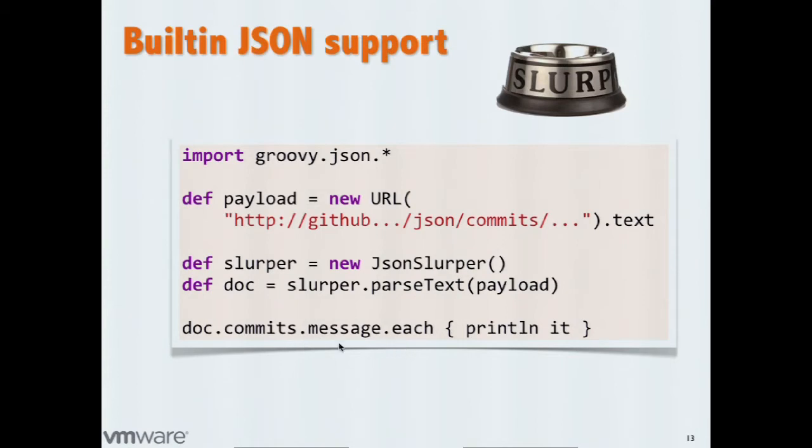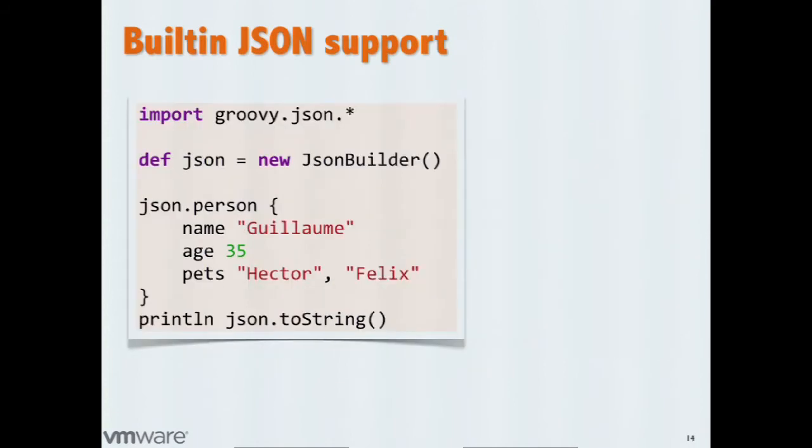I want to retrieve the message node of each commit so that I can print each message. So in just a few lines of code, I'm able to quickly do something with remote payloads. That's quite powerful. That's for consuming JSON content, but you can also produce JSON content.